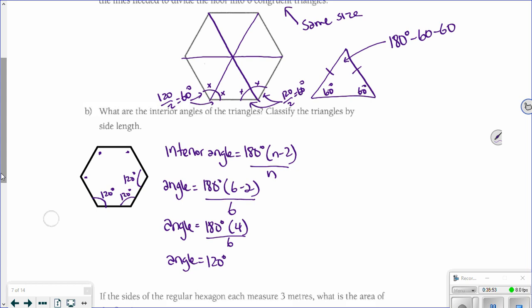And 180 minus 60 minus 60 is going to be 60 degrees. And because now this angle matches all my other angles, this side matches as well. This is now an equilateral triangle, and I know that for sure now. Okay, so these are equilateral triangles. We couldn't just assume that to start with, we had to actually work it out.